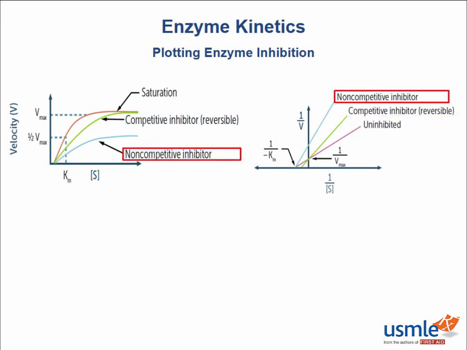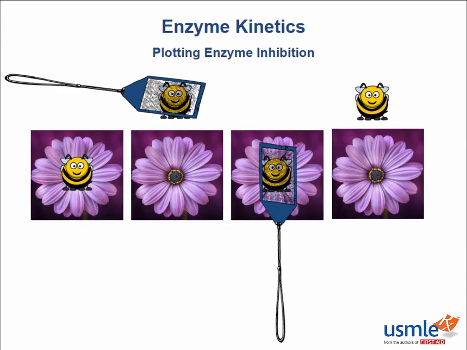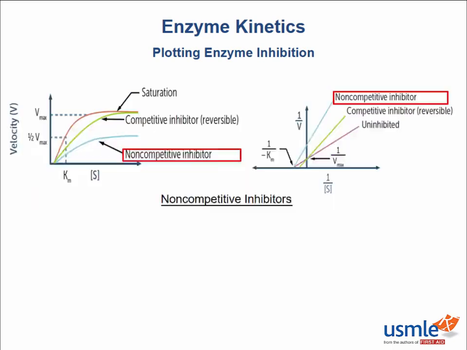Taking a look at our non-competitive inhibitor, why does the Vmax decrease and our Km remain unchanged? Again, going back to our analogy, we have our enzyme bees and our substrate flowers. Our non-competitive inhibitors in this story will be the bee swatter, which can swat our bees whether or not they are bound to a flower.